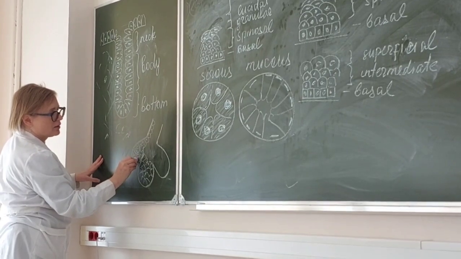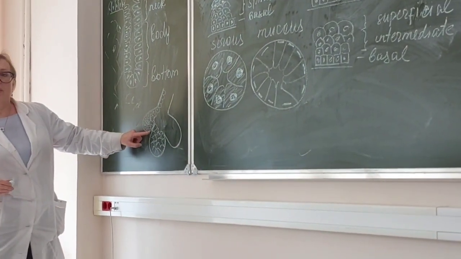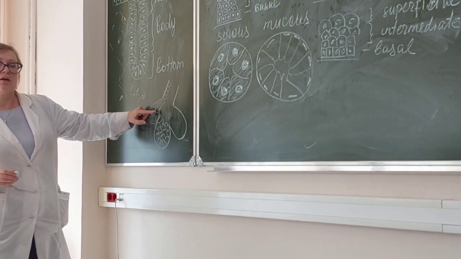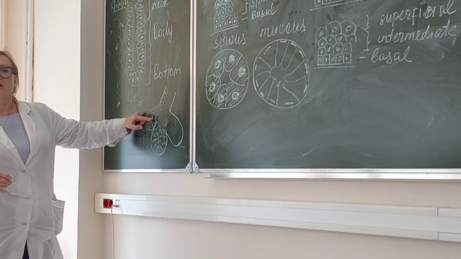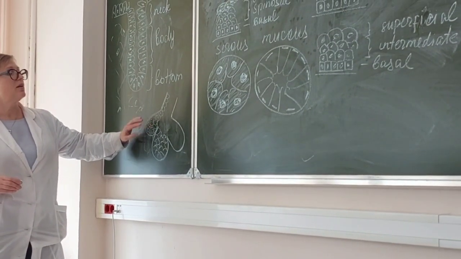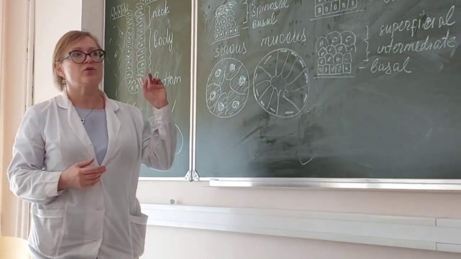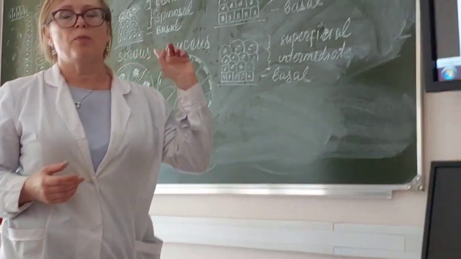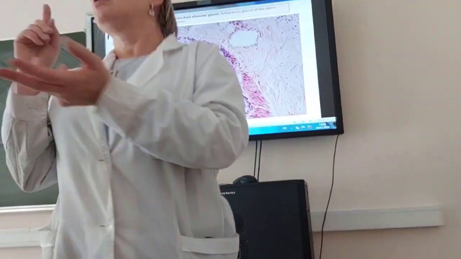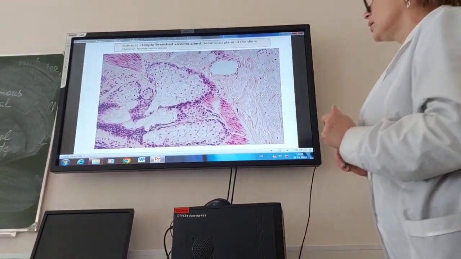Some of the cells, if you remember, form undifferentiated cells, after that differentiated, after that cells with karyokinesis. So I think you drew it correctly. But today we pay attention to demonstrate that it's a simple and alveolar gland.